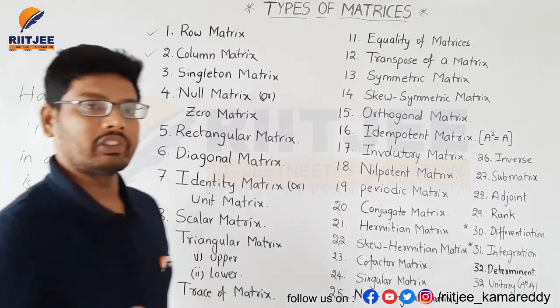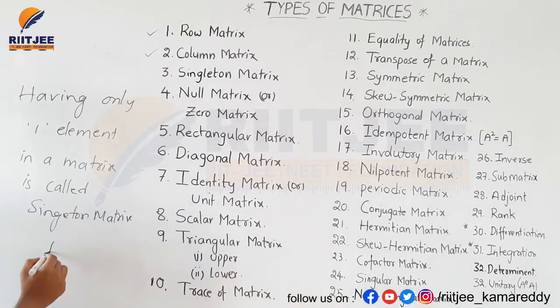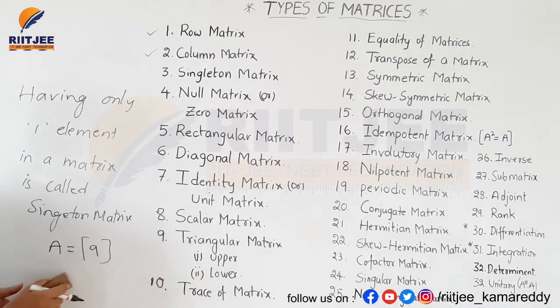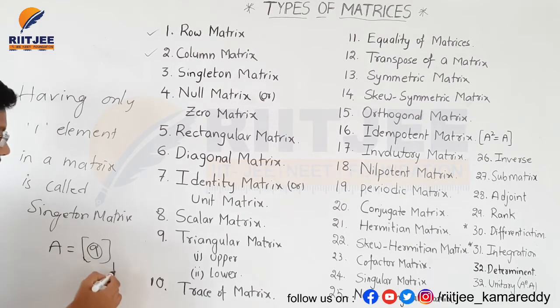The example of a singleton matrix: A is equal to, I am taking 9. In this matrix, we have only one element. The order of this matrix is only 1 by 1, one row and one column.